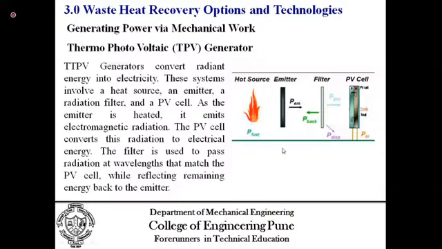And now what can be done if we have a hot source with us? This hot source is used to heat this emitter, and then from this there will be emission. But this emission may not be as per the requirement of the PV cell.